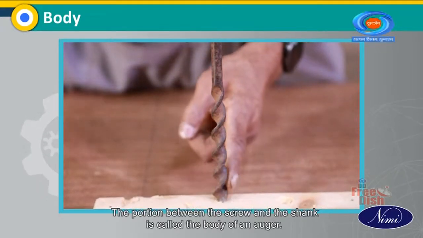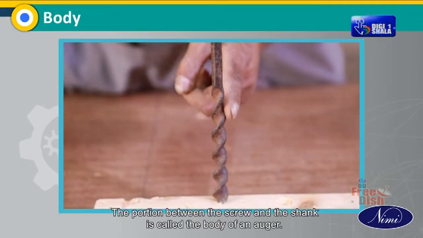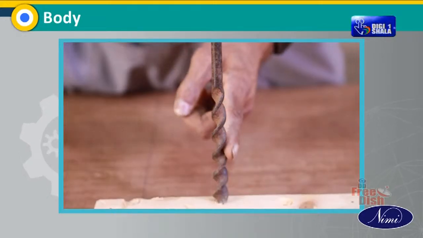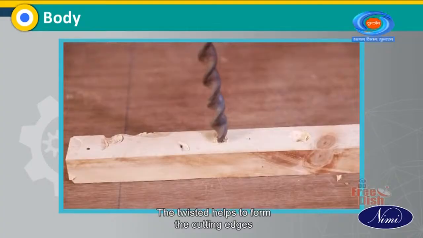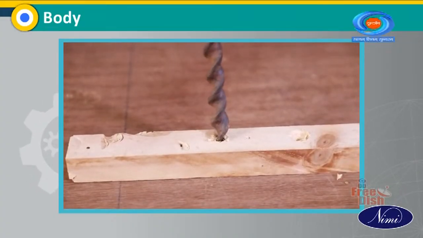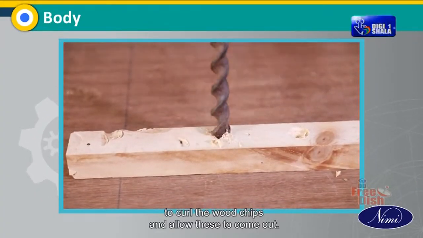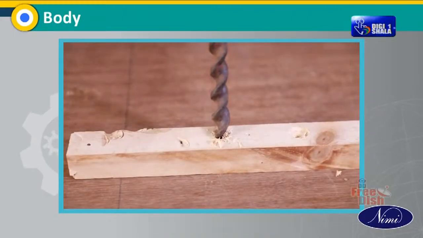Body. The portion between the screw and the shank is called the body of an auger. The parts of the body are twisted. The twist helps to form the cutting edges, to curl the wood chips and allow these to come out.